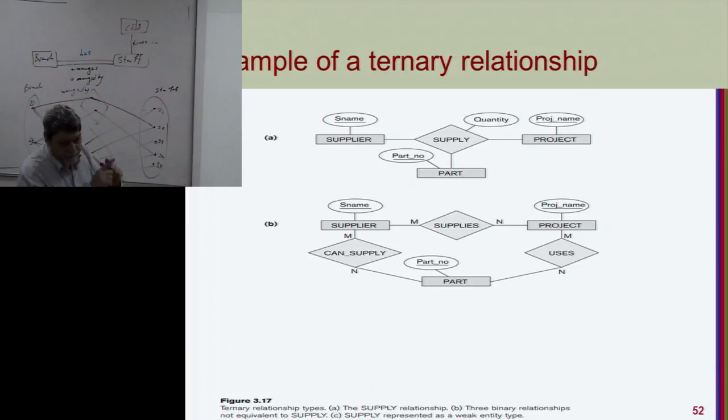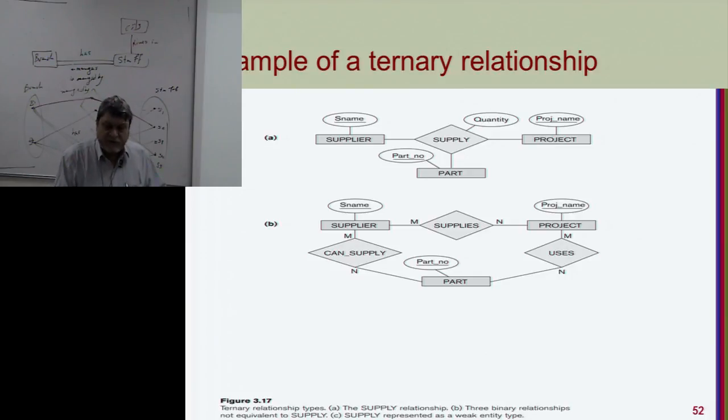The symbol rhombus is used for three reasons, not only for representing the higher degree relationships. Of course, we use it for higher degree relationships. But when I see a rhombus directly, would I infer that yes, I have a higher degree? No, it doesn't matter.